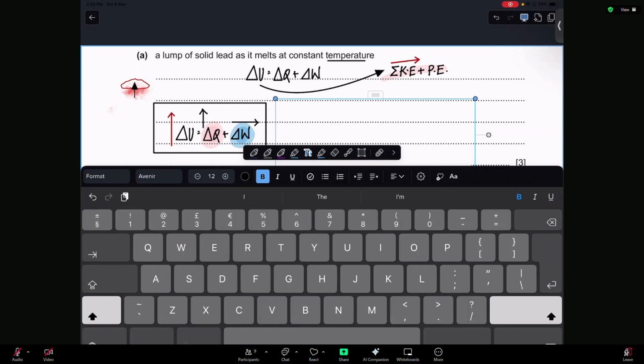Actually, the question is different. They're asking what happens to the internal energy of the water that evaporates. The water that evaporates has what internal energy? Higher. And the puddle that's left behind has what internal energy? Lower. So the answer for this particular one will be higher.